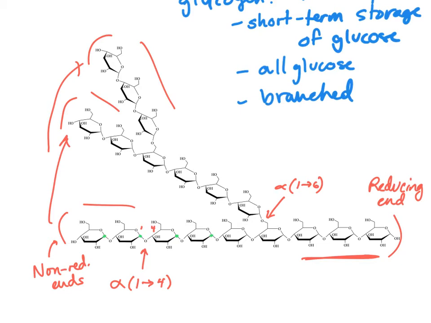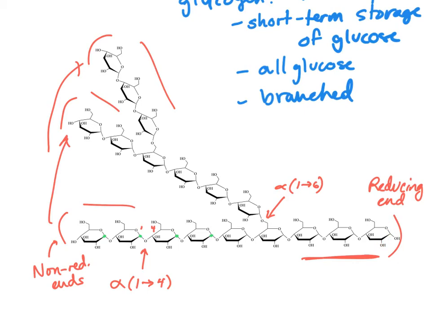It comes from the fact that in order to be a reducing sugar, you have to be able to linearize and expose a free aldehyde. Remember we talked about that earlier? And this is the only anomeric carbon in this whole molecule that is free and uncapped. You can imagine this little sugar here can open up and form a free aldehyde. So we call it a reducing end.